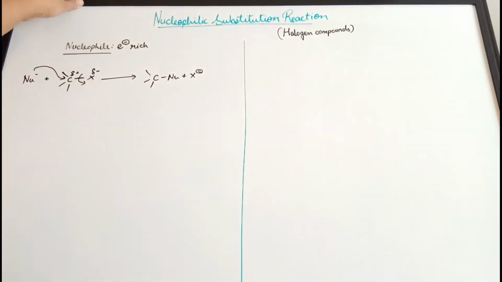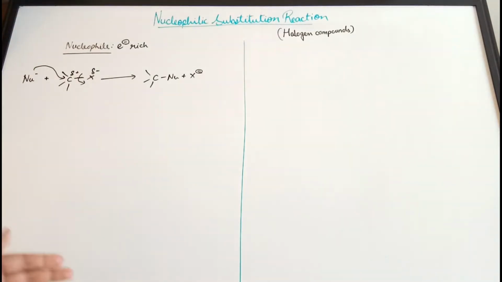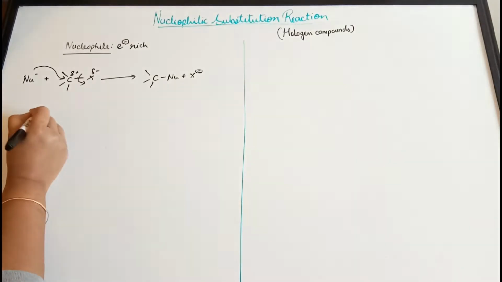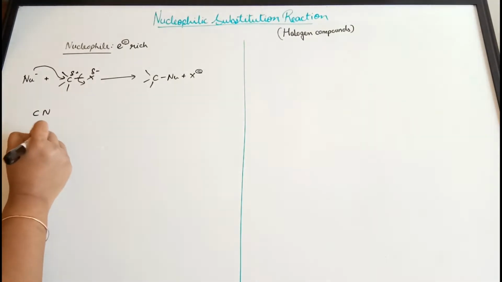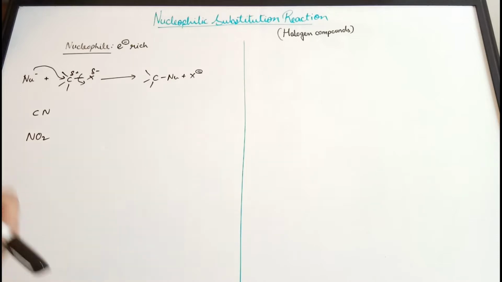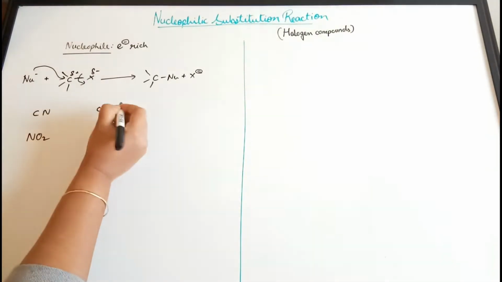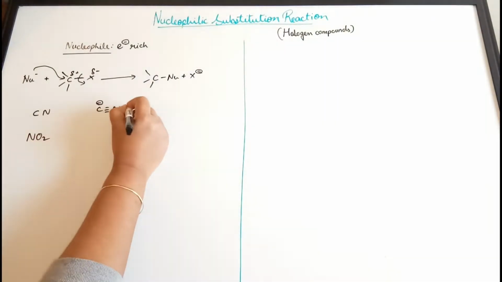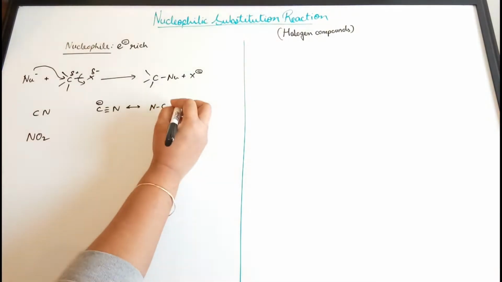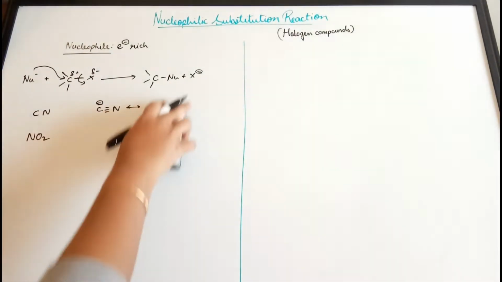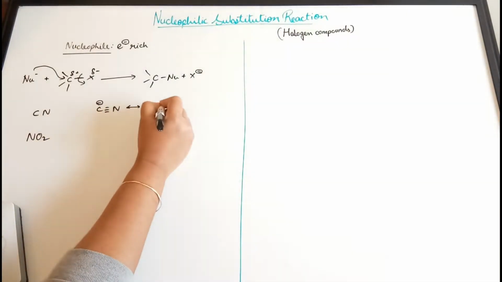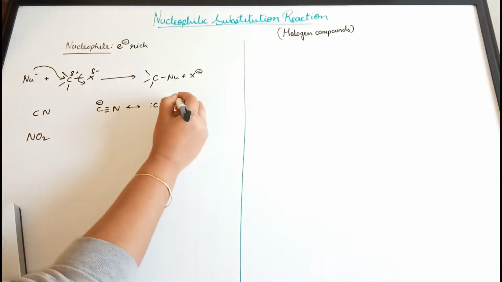Now in your textbook you have various examples of nucleophiles, and out of all of that, notice two nucleophiles. One is the CN and the other is the NO2. Now the CN is CN minus, and it can also exist as Cn minus.